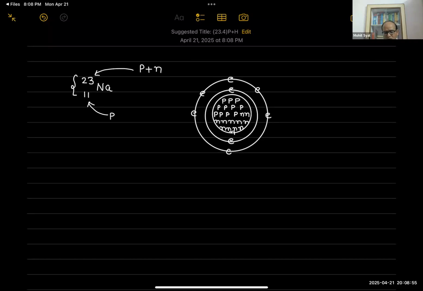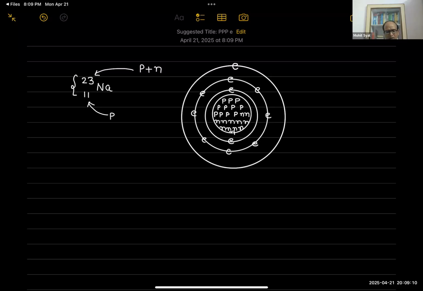So we are having 2, then you have 8. And how many electrons will there be? What is the number of electrons? There is no charge mentioned over here.